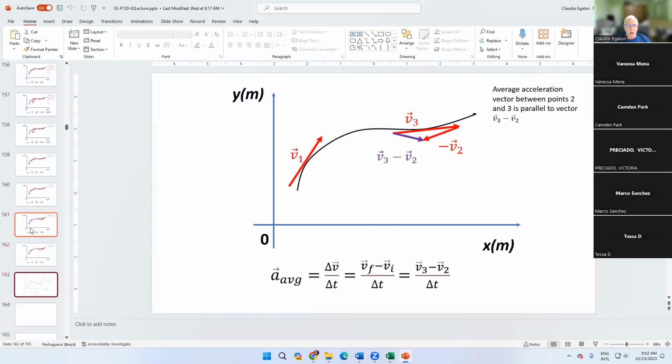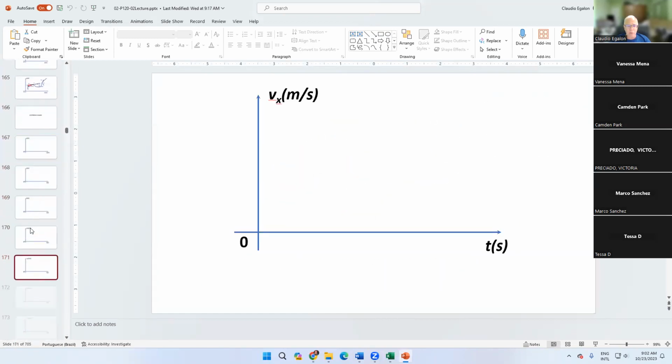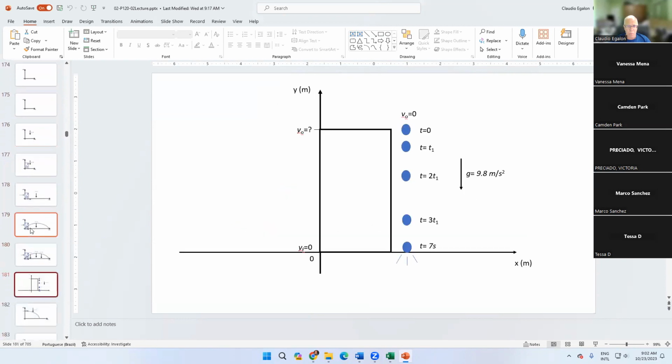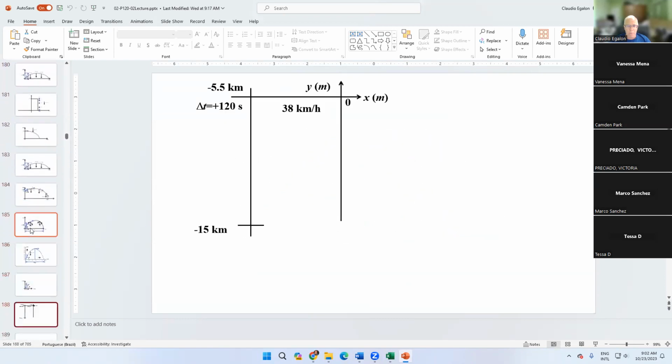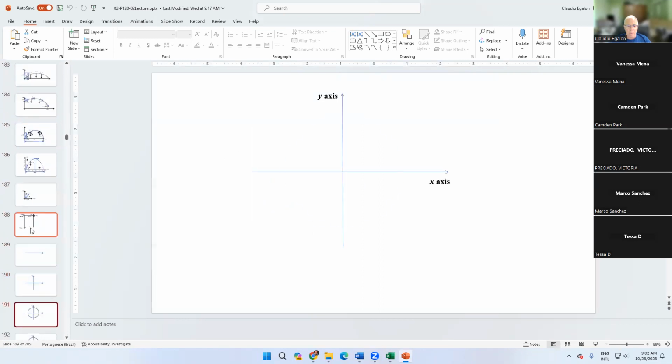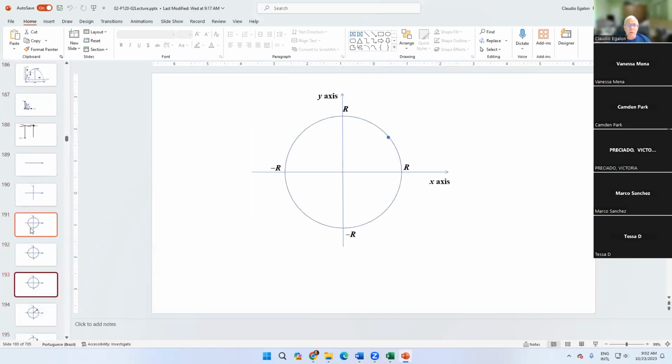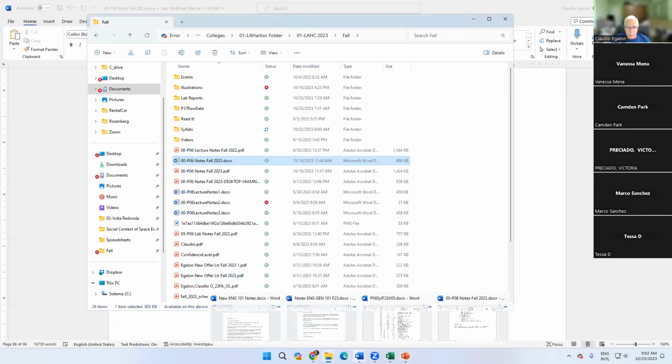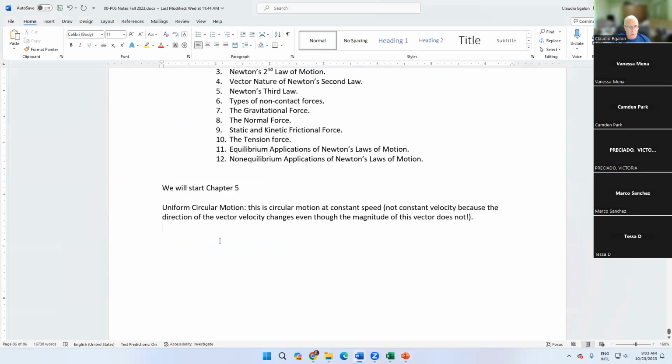Circular motion is another example of 2D motion. This is, okay, here you go, circular motion. Circular motion is another example of 2D motion.